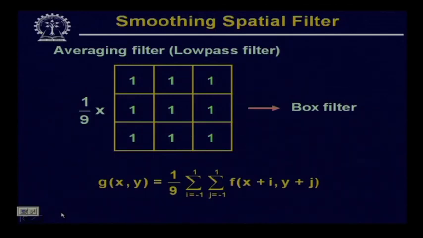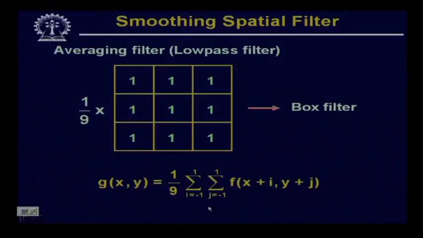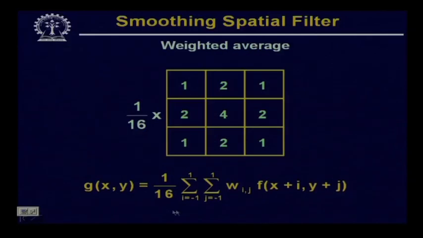To avoid the effect of blurring, there is another kind of averaging mask or smoothing mask, which performs a weighted average. Such a mask is given here.